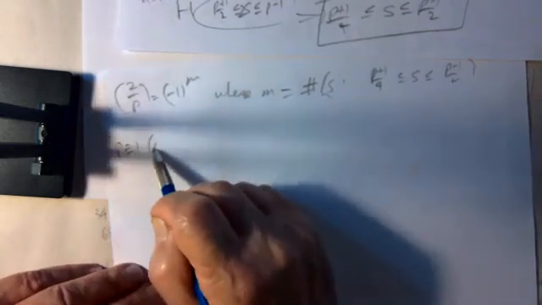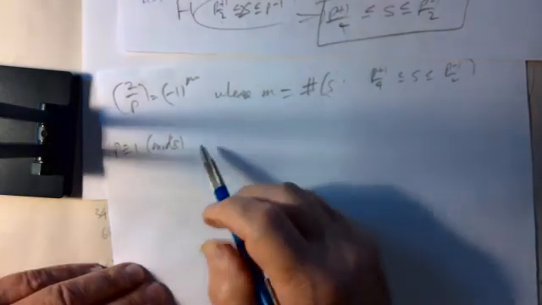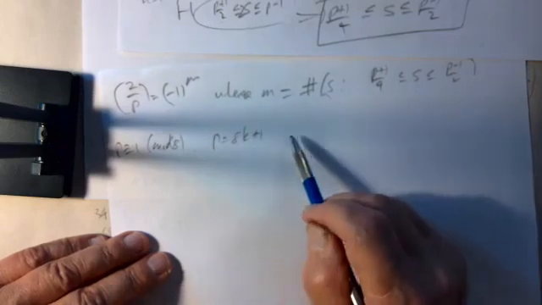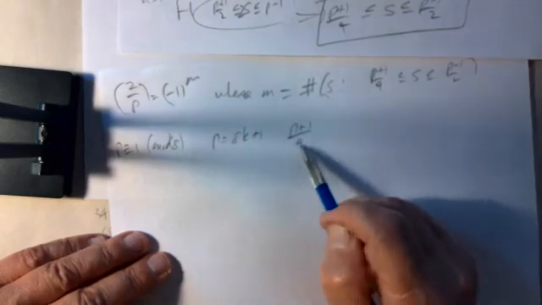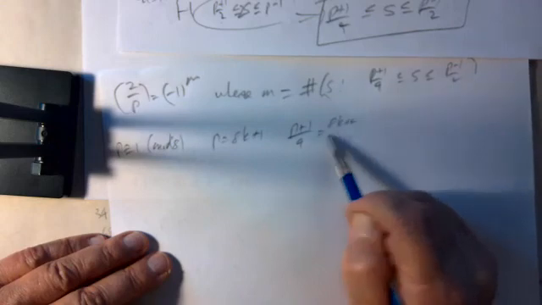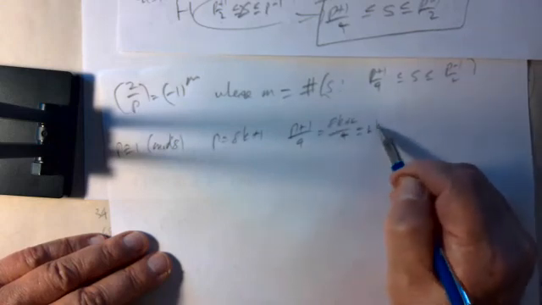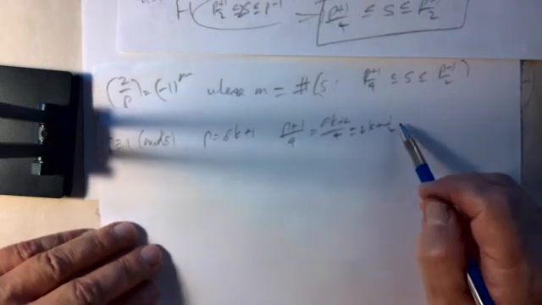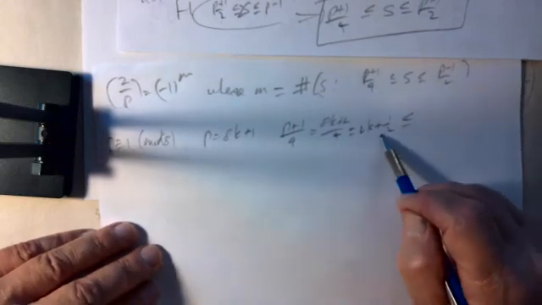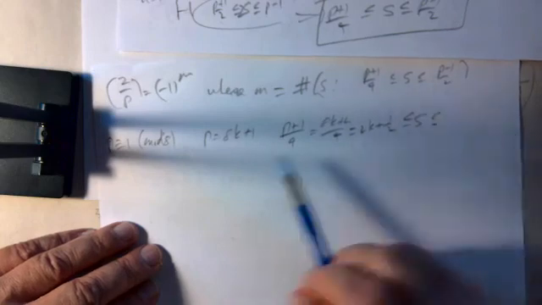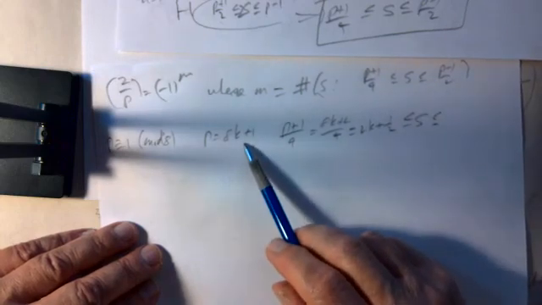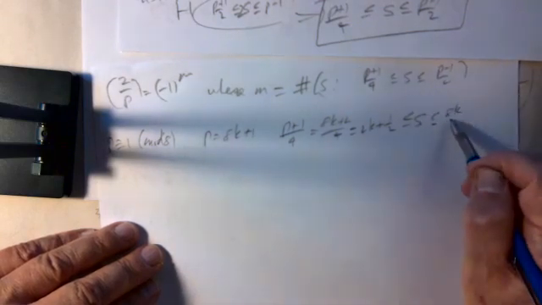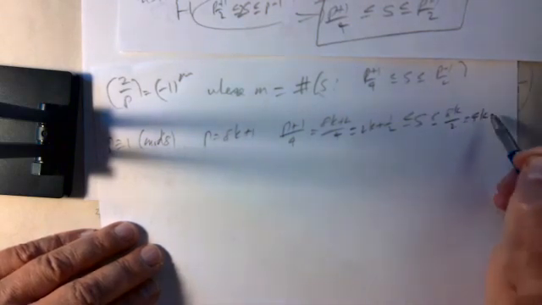p congruent to 1 mod 8. So p is 8k+1. So (p+1)/4 is (8k+2)/4, which is 2k plus a half. I want the number of integers s greater than or equal to 2k plus a half and less than or equal to (p-1)/2. That's 8k/2, which is 4k.